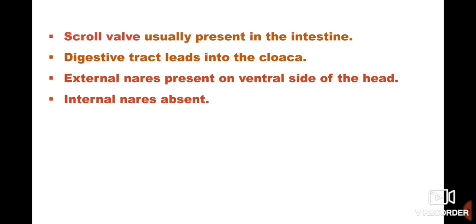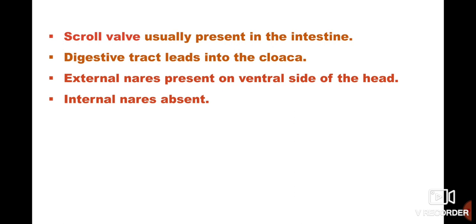Their digestive tract ends into the cloaca. But let me tell you about this scroll valve or spiral valve that is present inside the small intestine. It helps in the digestion of food, and it also helps in the absorption of food in these class Chondrichthyes fishes.